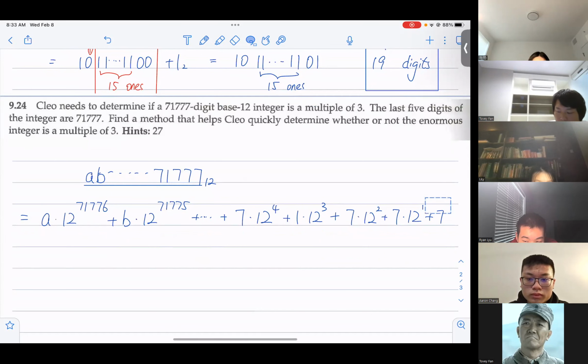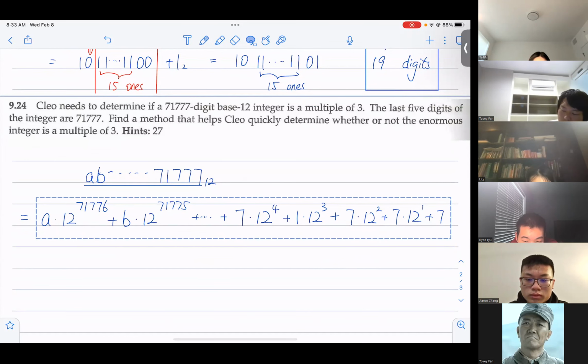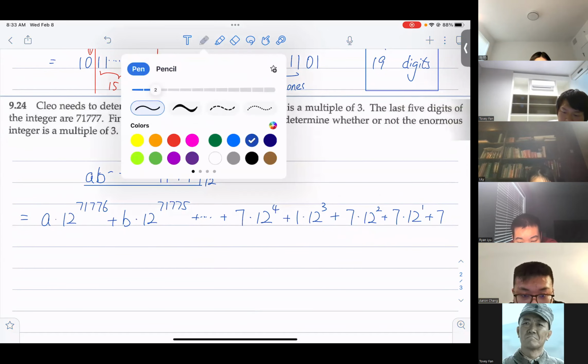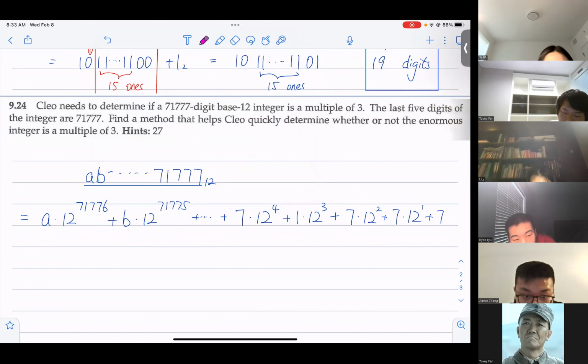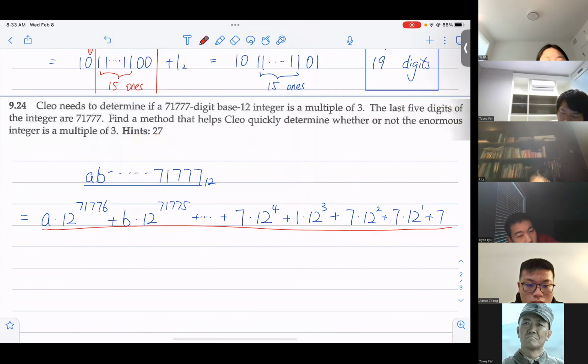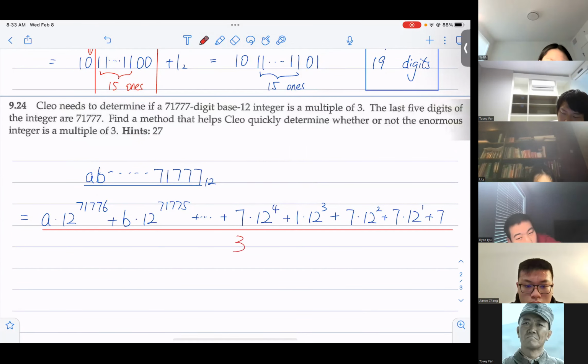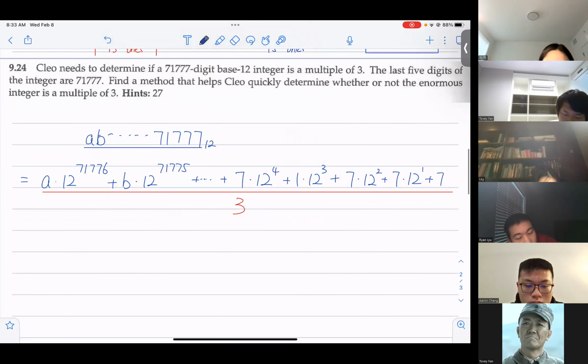Now, how do we tell if this number is a multiple of 3 or not? What happens if you divide it by 3, guys? Like the unit digit does not follow.